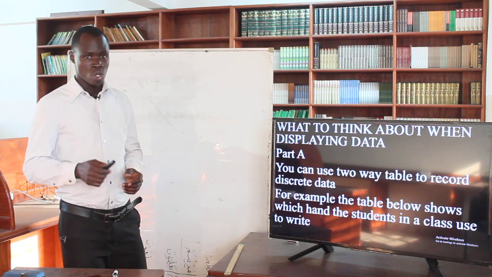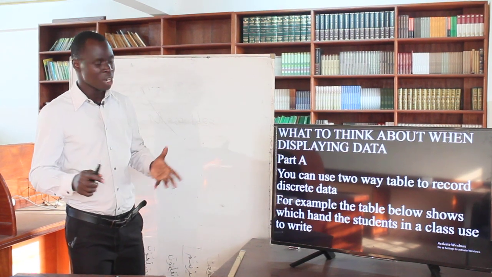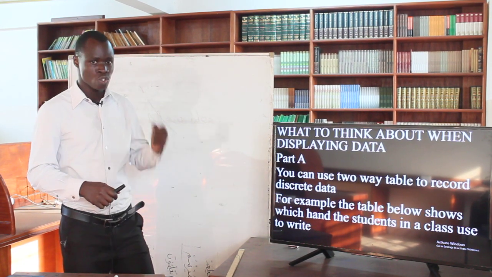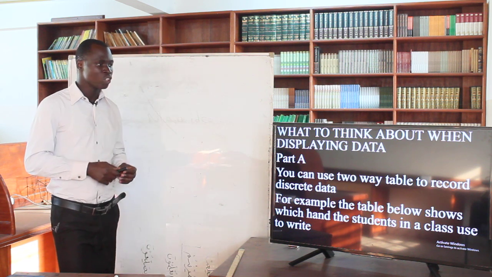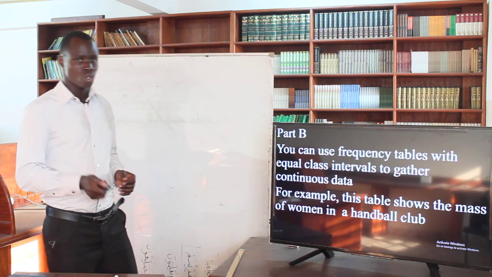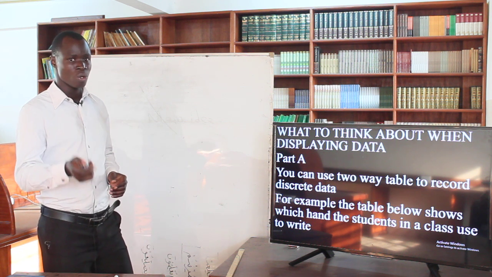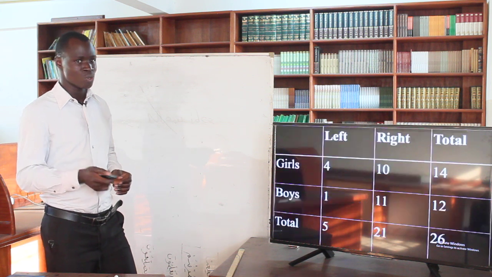Now, what to think about when displaying data. You can use two types of table. One is called a two-way table, to record your discrete data. Another one, you can also use what we call the frequency table. Now let's go to two-way. For example, the table below shows which hand the students in a class use to write.